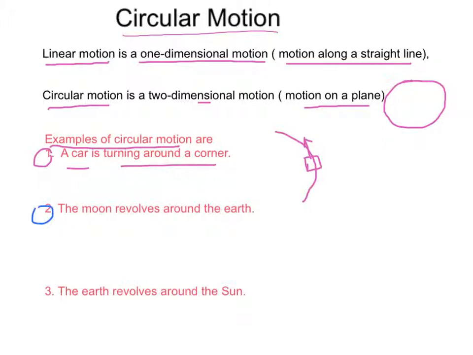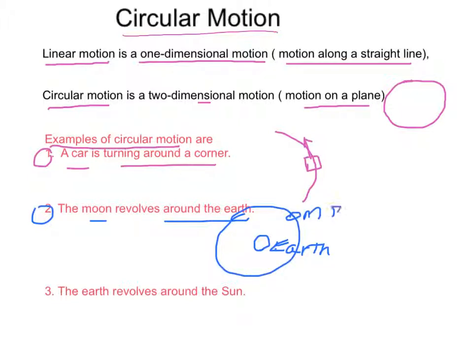Second, the moon revolves around the earth. Another example is the earth revolves around the sun.